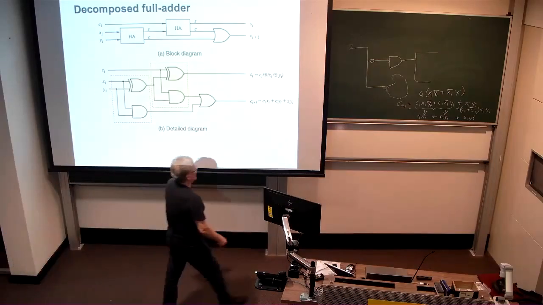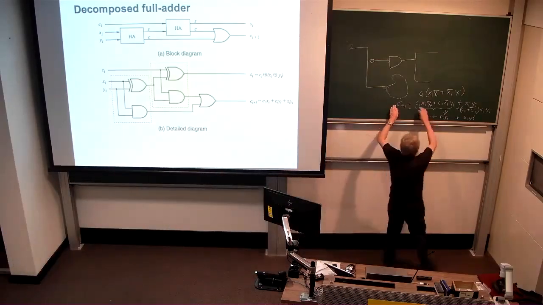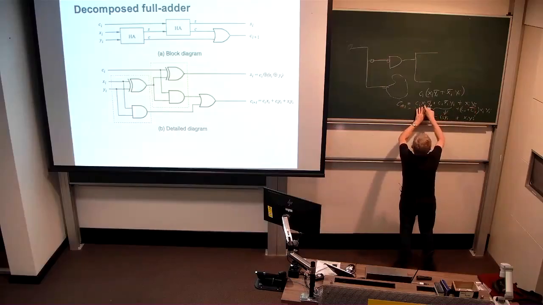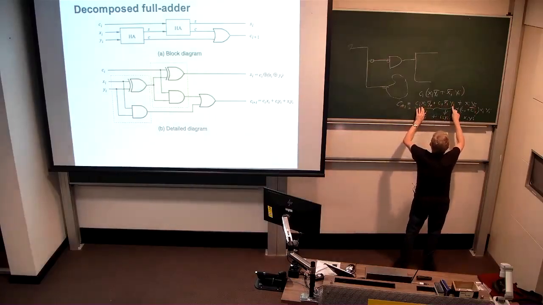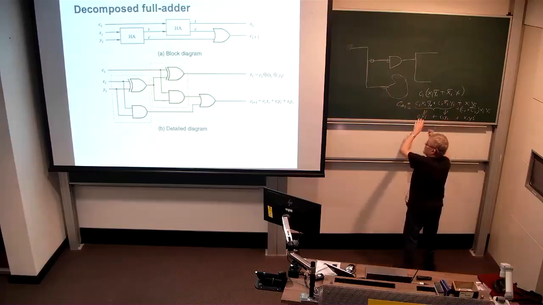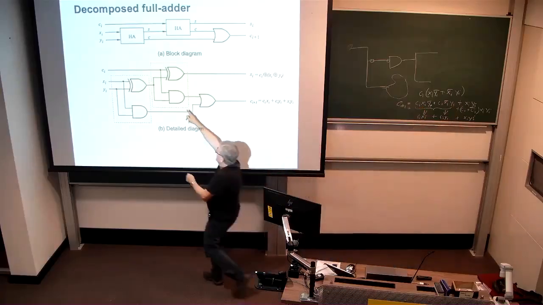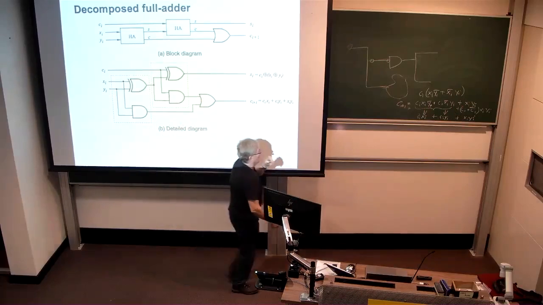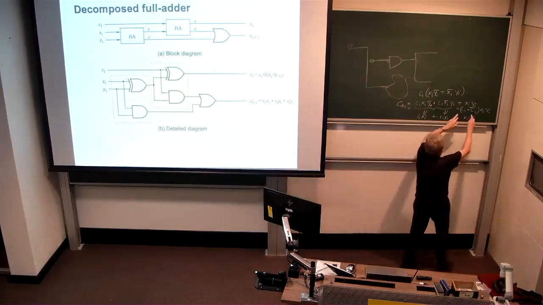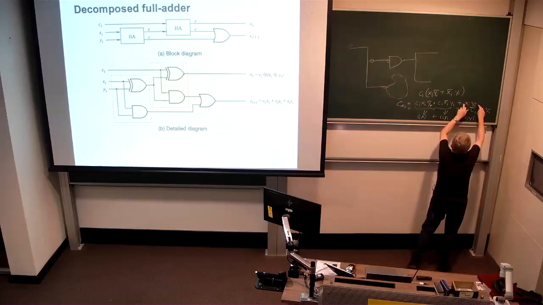Is this clear? What I've derived here is actually the circuit output, namely Ci Xi Yi bar, or Ci Xi bar Yi, which is the AND of this exclusive OR gate coming out into this OR gate. And of course, the other input to the OR gate is the Xi Yi that I have here.